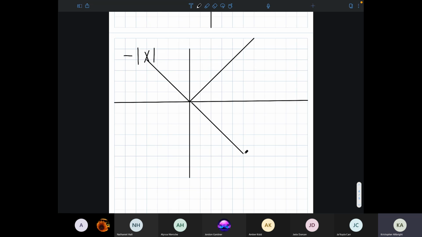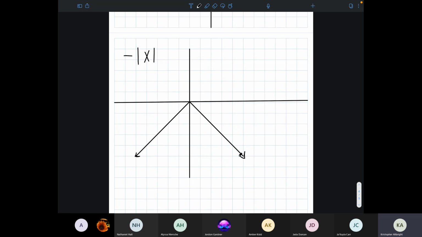So it's going to look like this. So we erase these because that is the positive part. This is the negative part. Sorry, I erased that. So a negative makes it flip up and down.